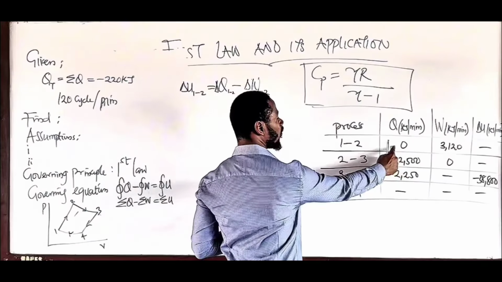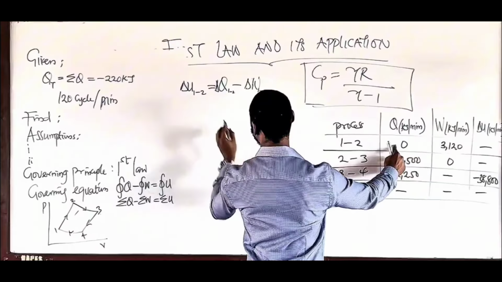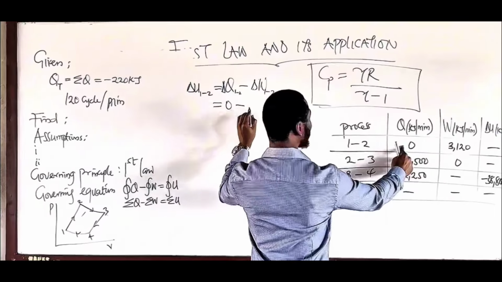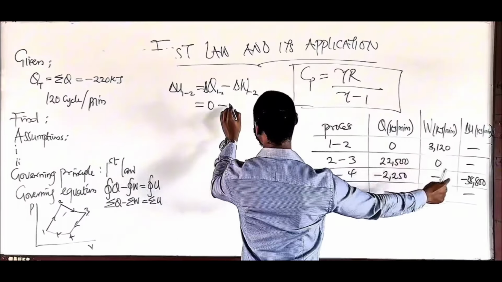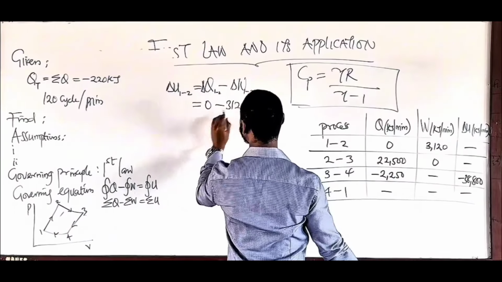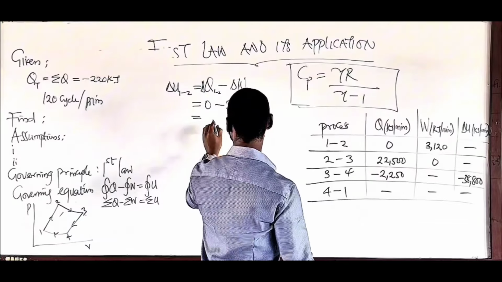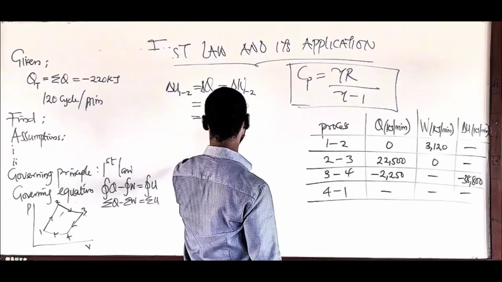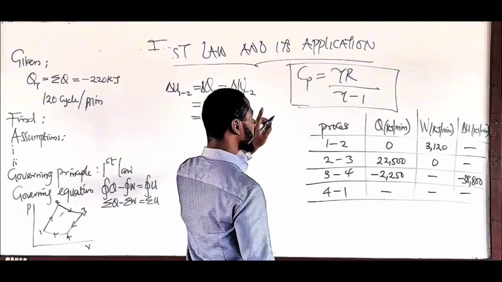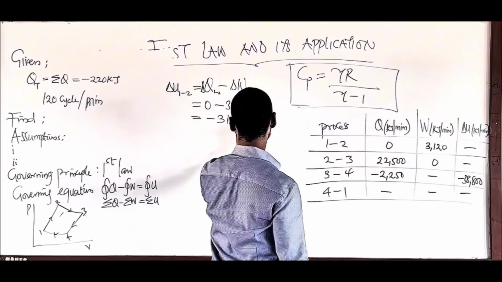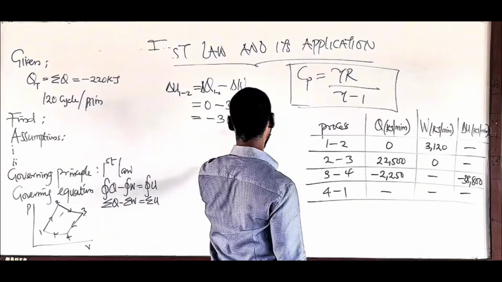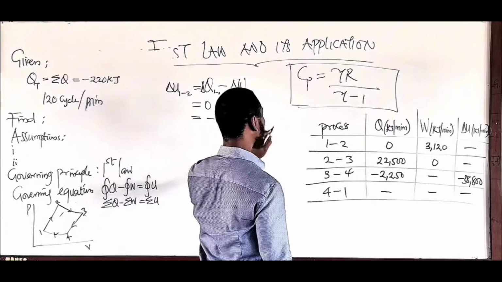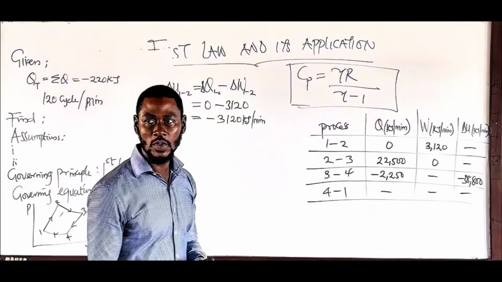Q is 0, and W is given as 3120, so we have minus 3120 kilojoule per minute. So we are done with process 1 to 2.